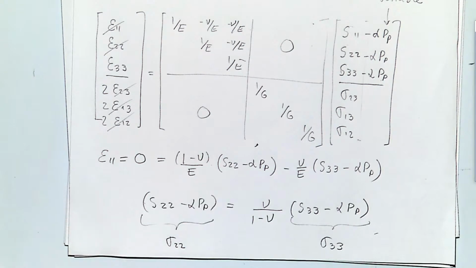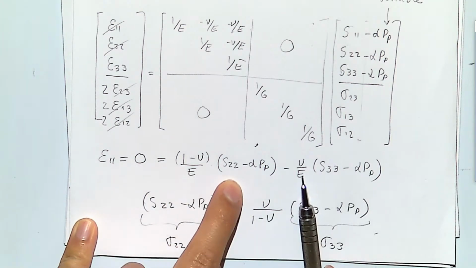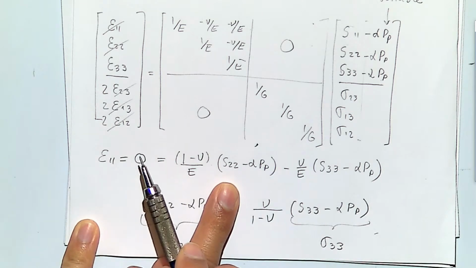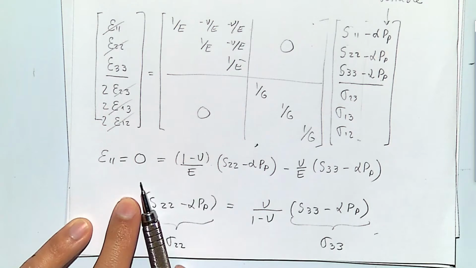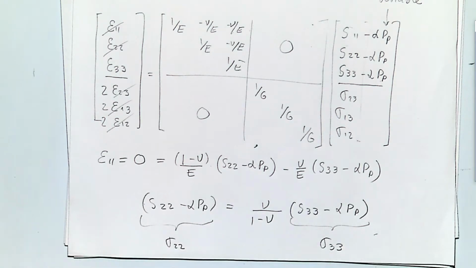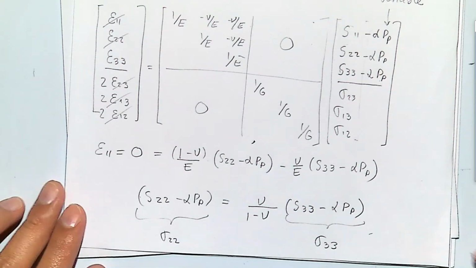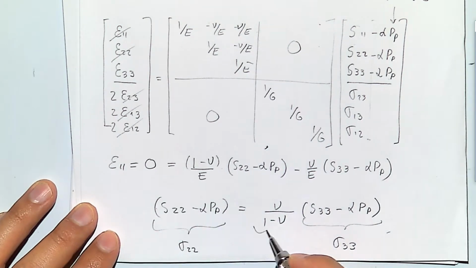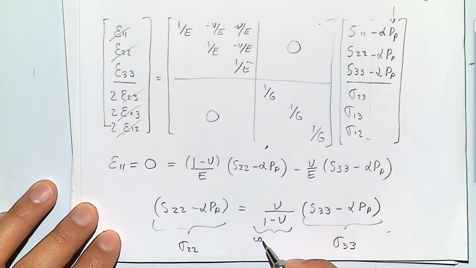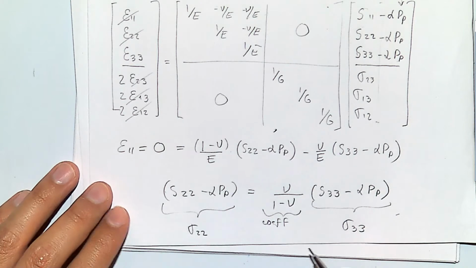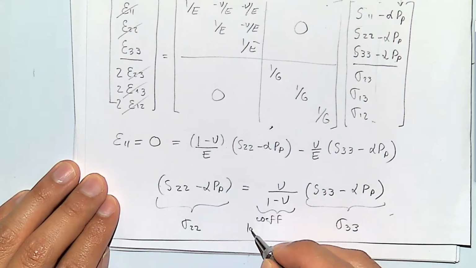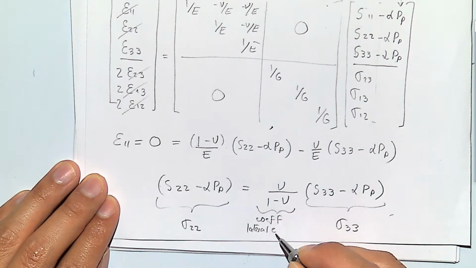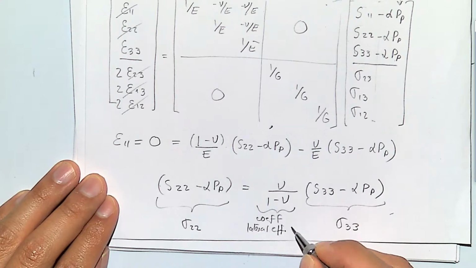Same thing that we did before. So I'm just moving this one to the other side, so they are both positive, and then move this one down over here, and that's the result. If you remember, this was what we call the coefficient of lateral effective stress.